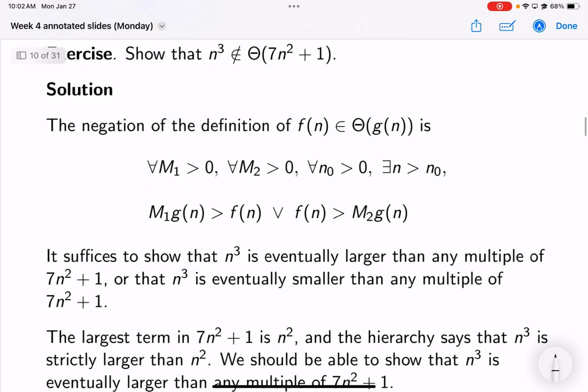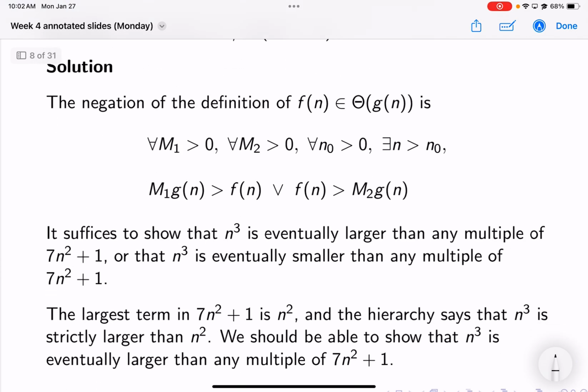We've shown that for all of these wacky numbers, there exists an n such that some dumb stuff we don't care about, or f of n is greater than m2 g of n. Remember, it's an or statement. Only one of them has to be true all the time for the entire or statement to be true.